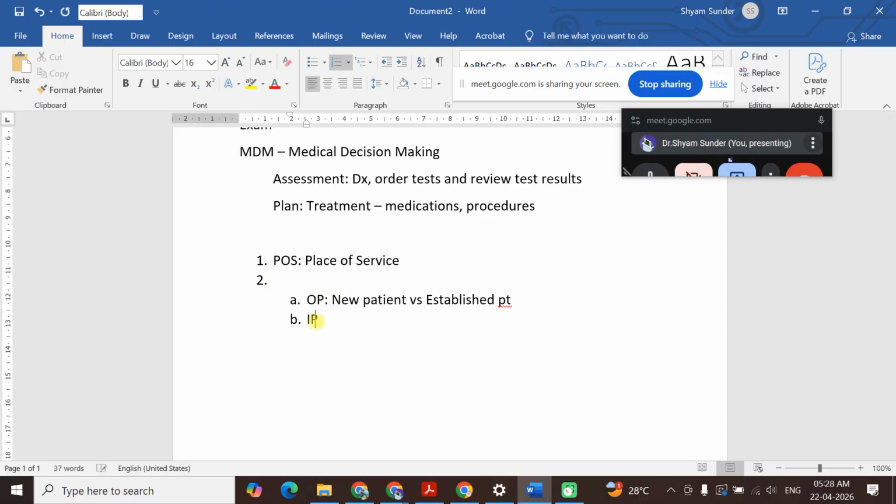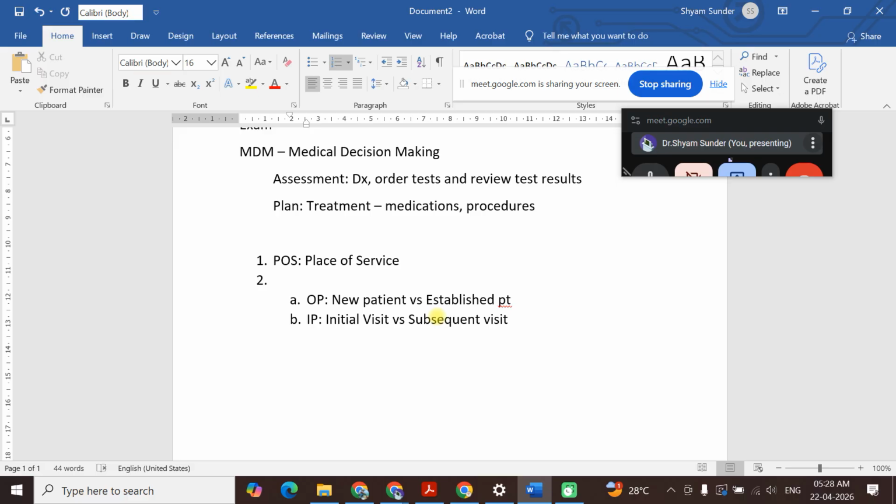But in case of IP, inpatient, if the patient is admitted in a hospital, we count initial visit also as subsequent visit. What is initial visit?